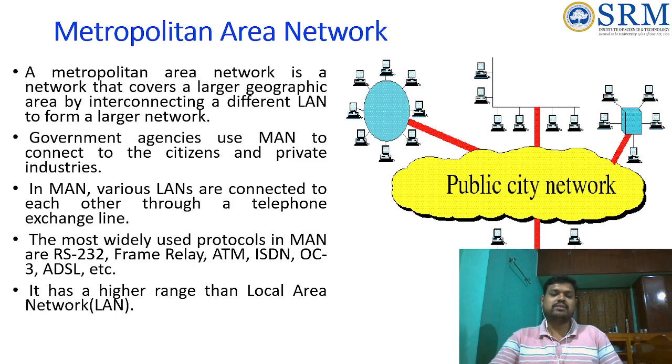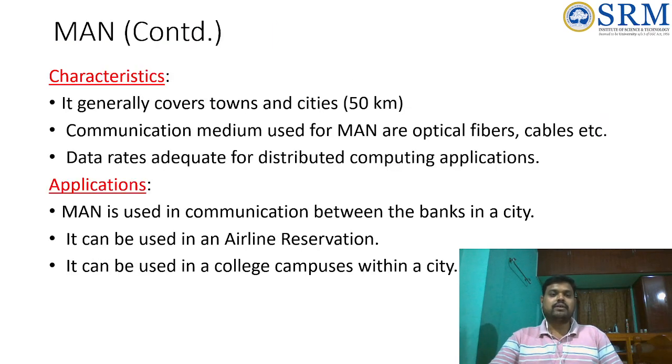So government agencies and banking sites will make use of MAN to connect their branch portals together to maintain their operations. It has a higher range than LAN, but the control and monitoring activities become complex. In general, it may cover up to 50 kilometers, but the range will be approximately 30 kilometers.